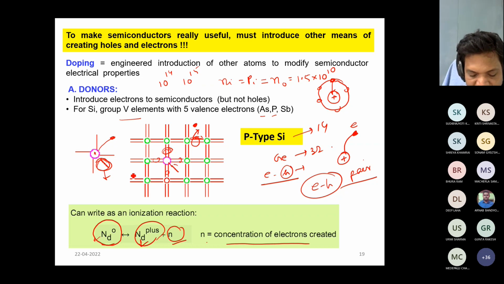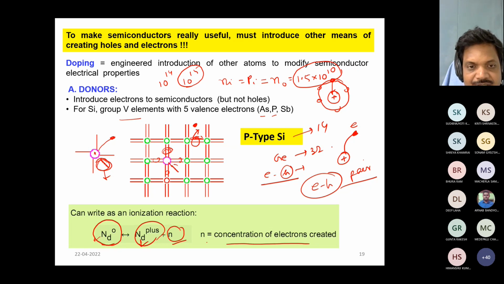if all the atoms are ionized, then try to understand the difference. Though this 10 to the power 10 number is very large, as compared to 10 to the power 15 or 10 to the power 14, this number is very less. So if all the donor atoms donate electrons, the number of electrons becomes much more than the number of electrons generated due to electron hole pairs.